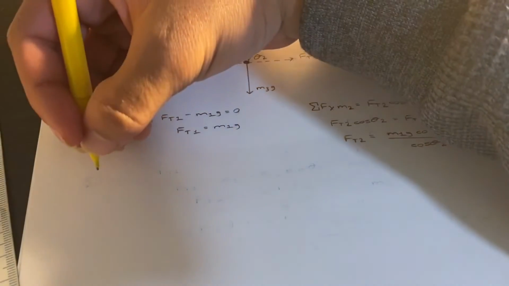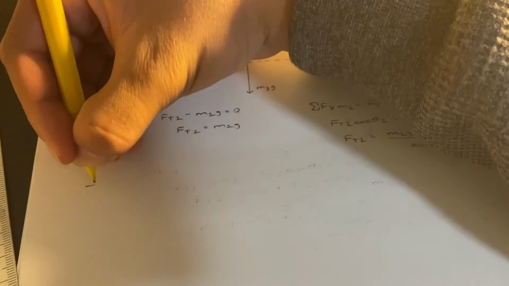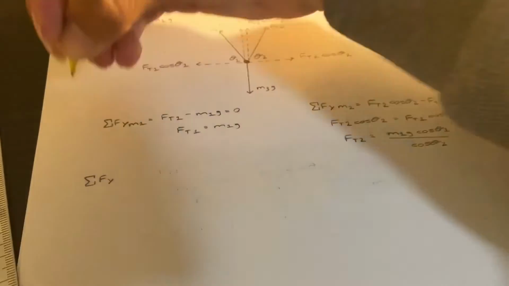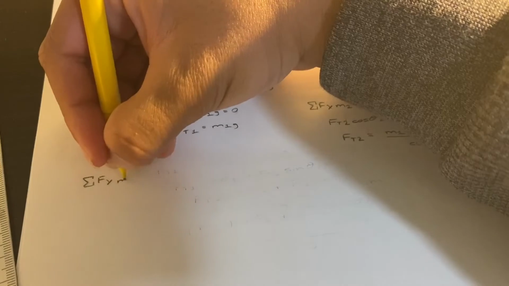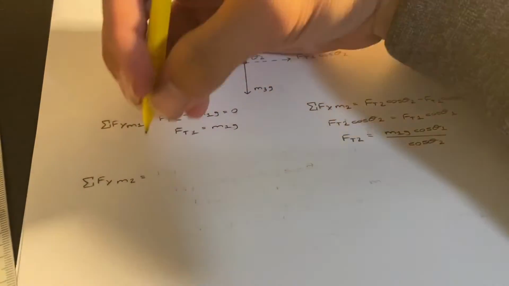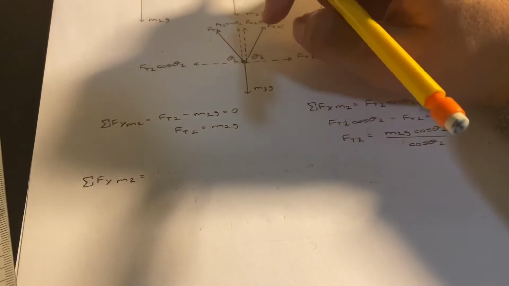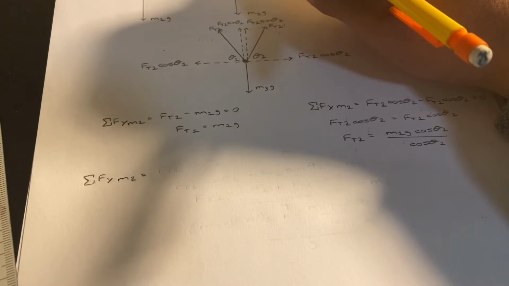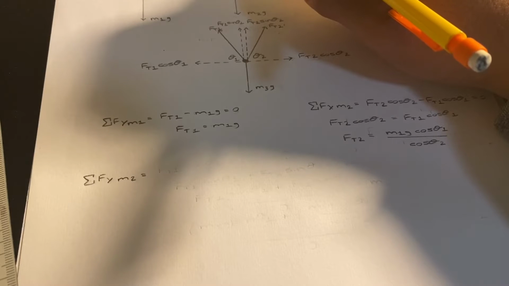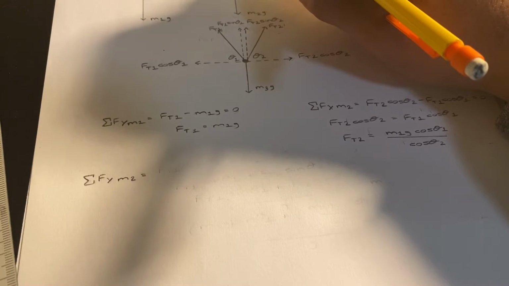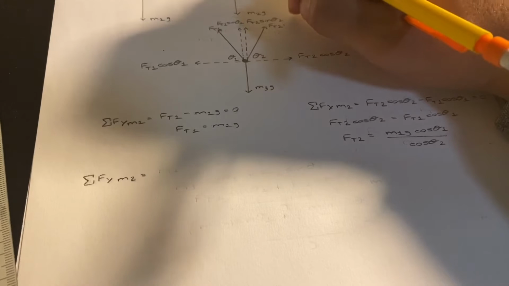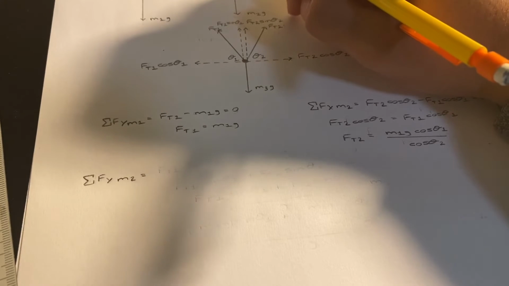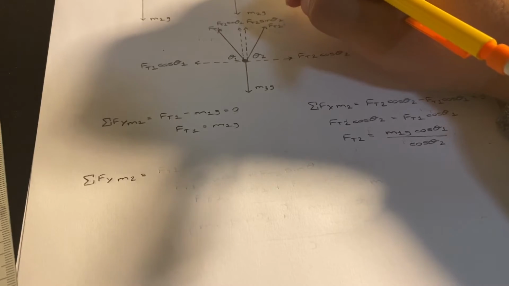The sum of the forces in the y direction for mass 2 is equal to, and we see that there are three forces in the y direction: ft1 sine theta 1 and ft2 sine theta 2 will be in the positive y direction because they're acting upward, and m2g will be in the negative direction because it's acting opposite, downward.